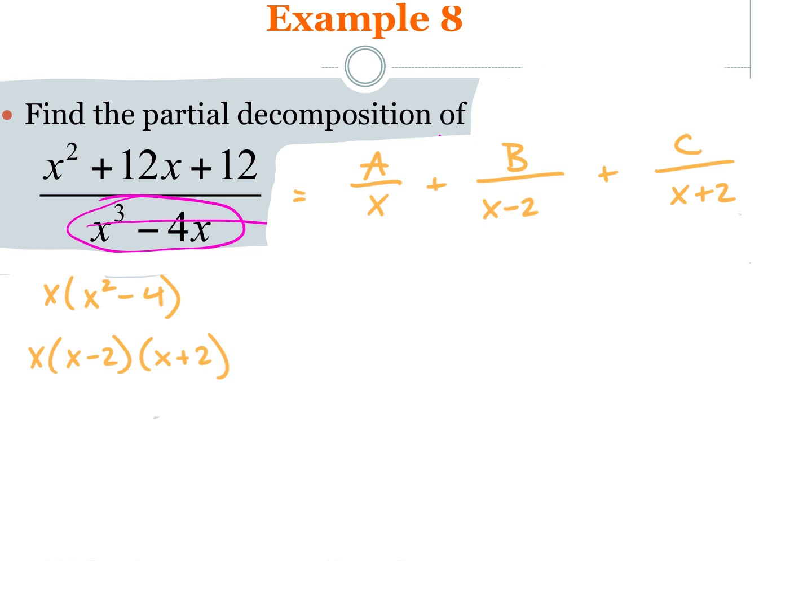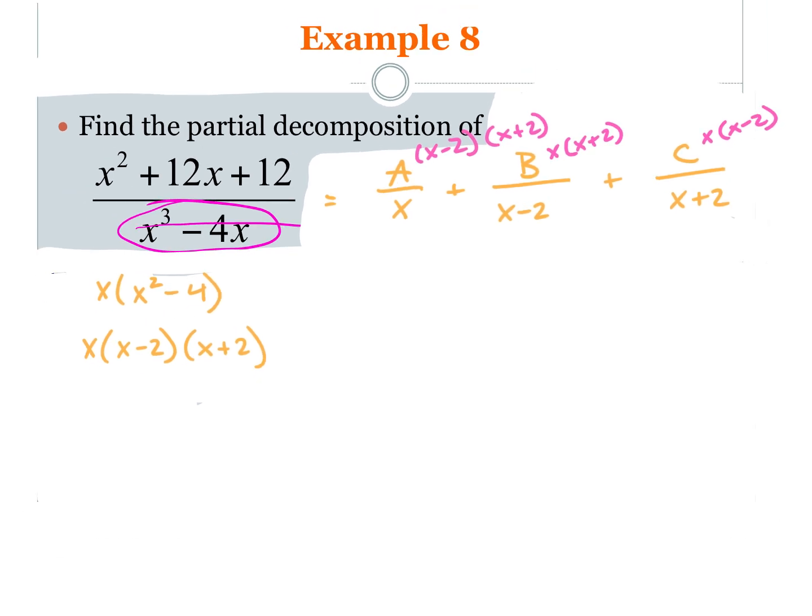So we have A over X. We're going to multiply by the other denominator. So we're going to multiply by X minus 2 and X plus 2 to A. B is going to get multiplied by X and X plus 2. And C is going to get multiplied by X and X minus 2. So we multiply by the missing factors. Then we can set the numerators equal to each other.